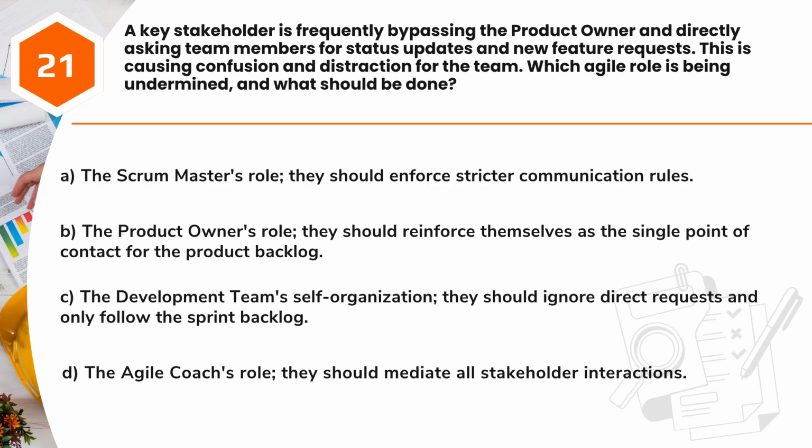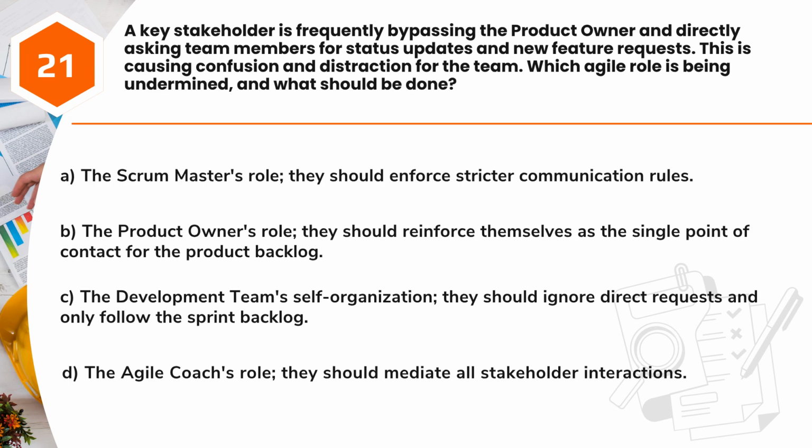Question 21. A key stakeholder is frequently bypassing the product owner and directly asking team members for status updates and new feature requests. This is causing confusion and distraction for the team. Which Agile role is being undermined, and what should be done? A. The Scrum Master's role: they should enforce stricter communication rules.